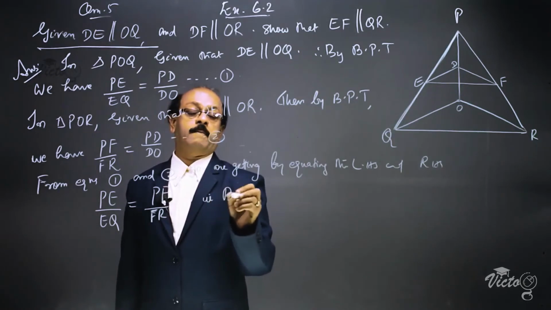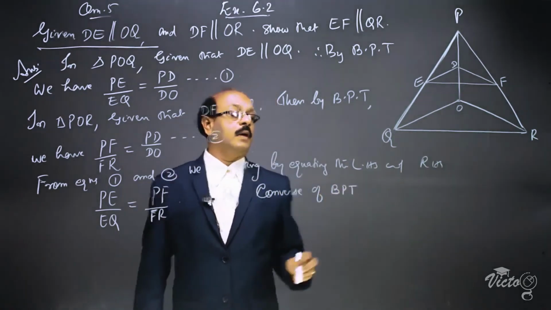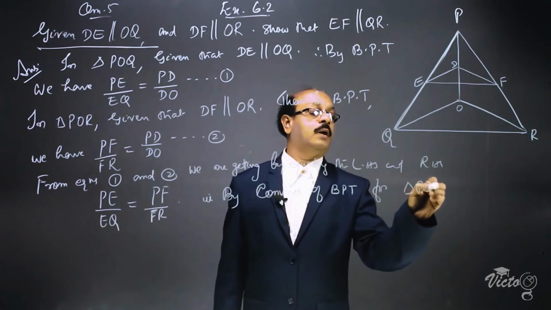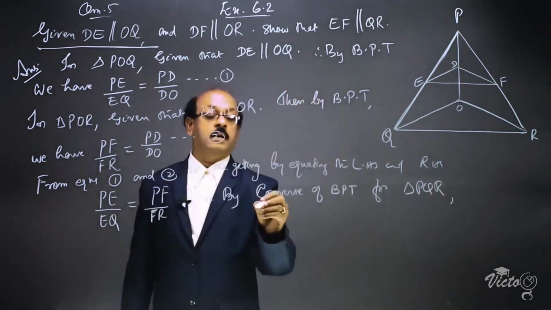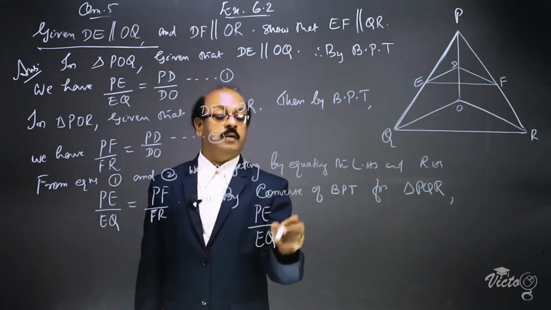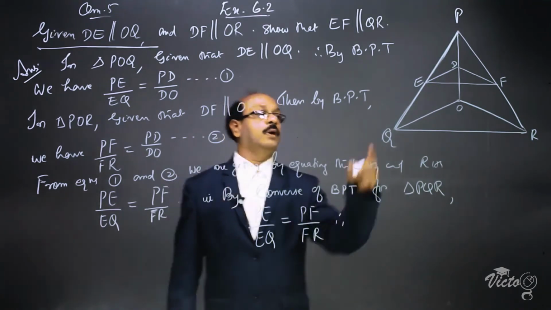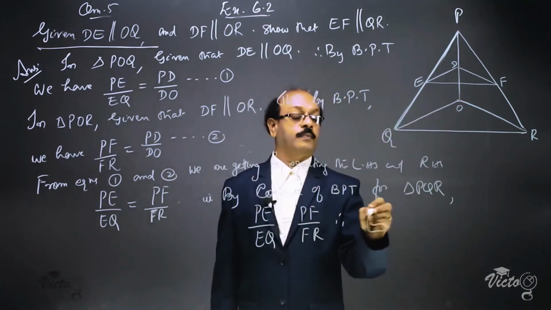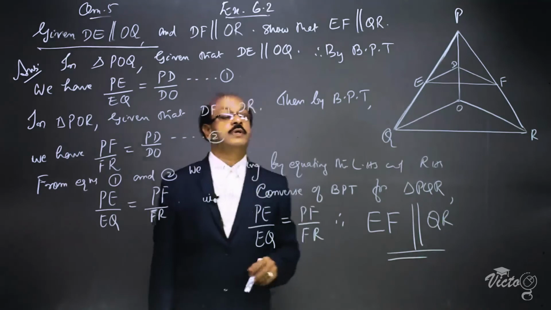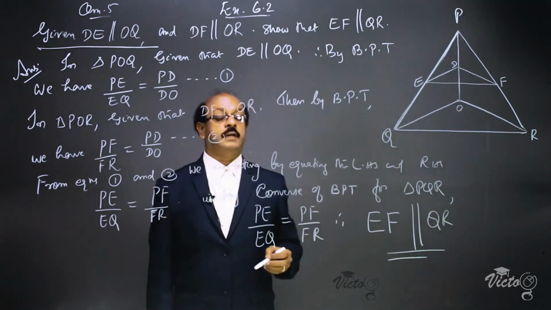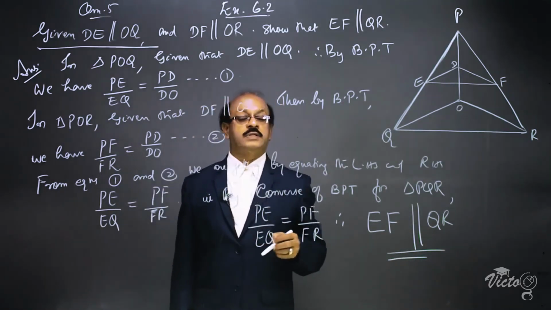By the converse of BPT for triangle PQR, the ratio of the sides PE by EQ is equal to PF by FR.